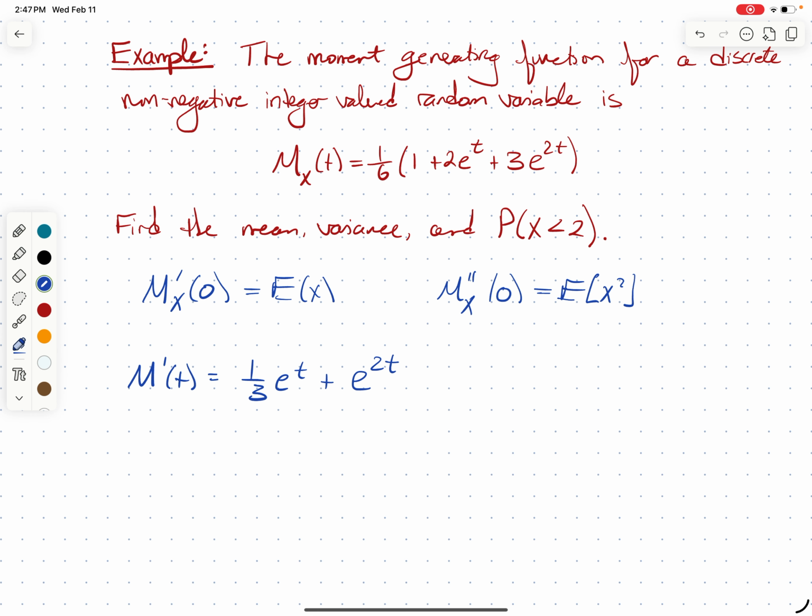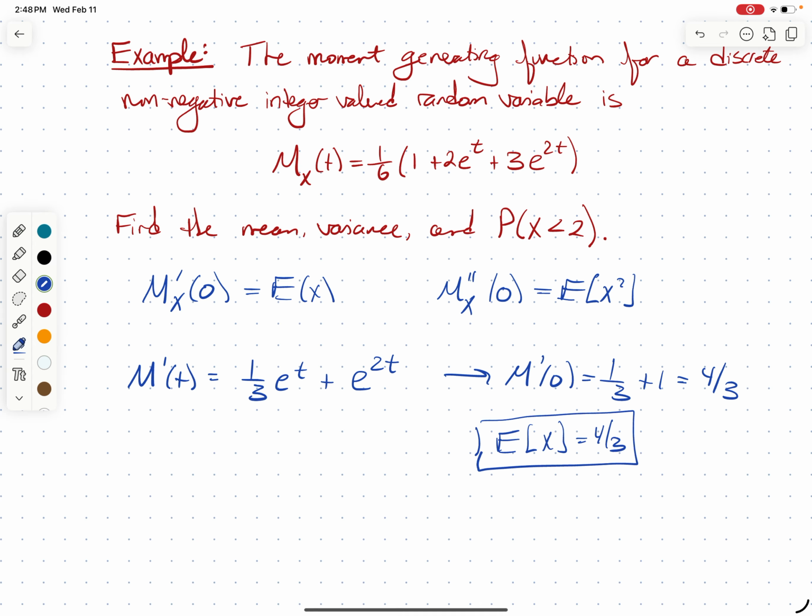So I get this function. I'm going to plug in 0, so m prime of 0 is a third plus 1, which is 4/3. So just like that, I've got the mean. The mean of my random variable is captured by the moment generating function.